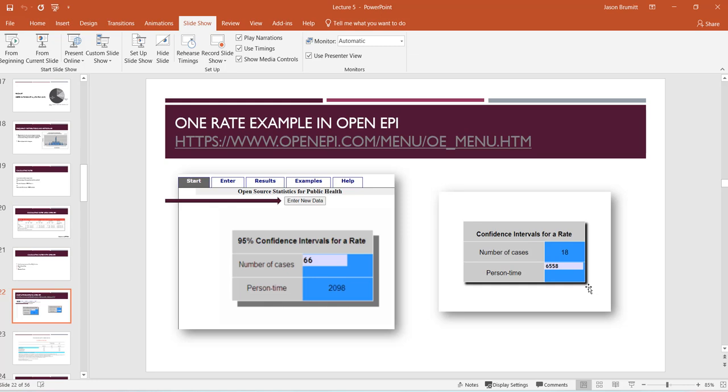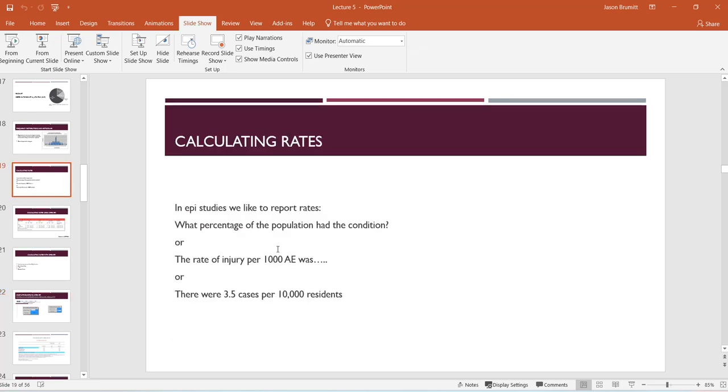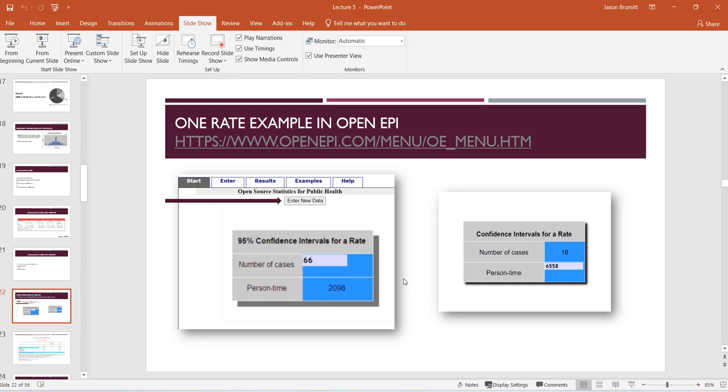Person time here is your total number of exposures or what you're interested in. So you're not going to put in 1,000 or 10,000, but you're going to put in the actual number you counted. So for example, if I had 20 athletes and they did 100 practices, then there's going to be 2,000 athletic exposures.